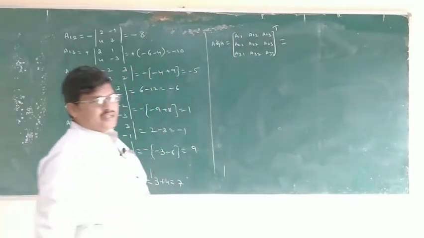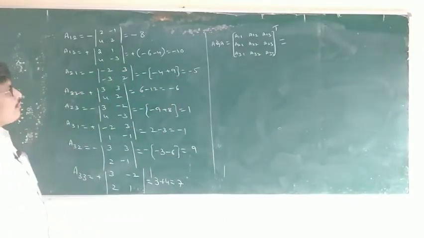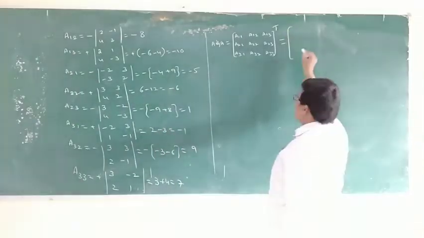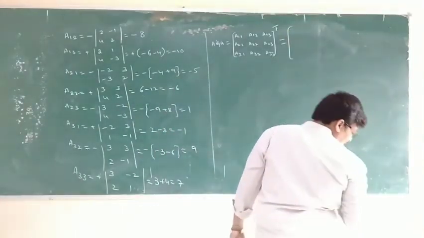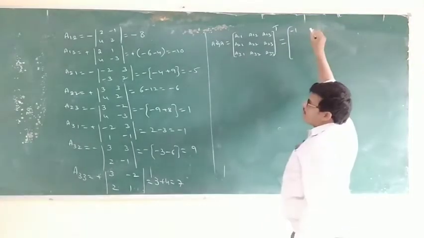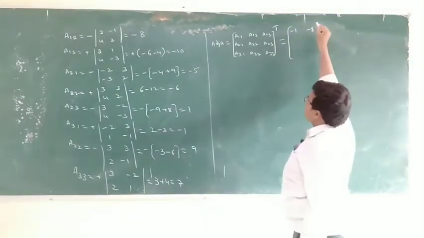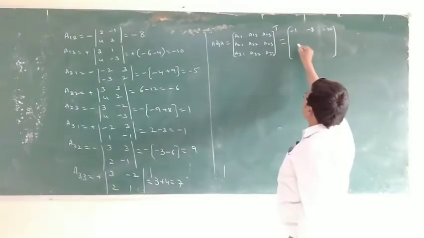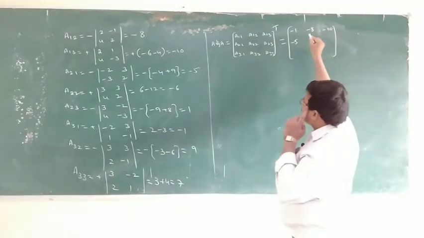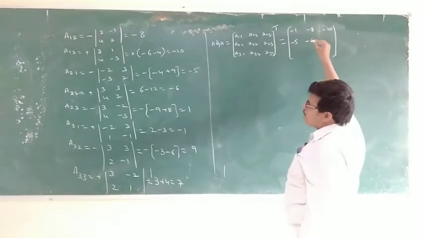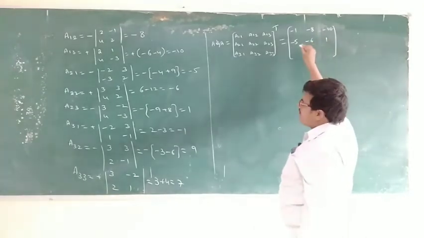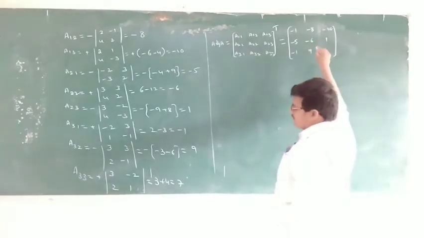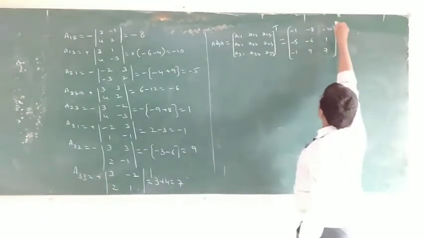That is, adjoint A is the cofactors transpose. So first, A11 value is minus 1, A12 minus 8, A13 minus 10, next A21 minus 5, A22 minus 6, A23 1, A31 minus 1, A32 9, A33 7, whole transpose.